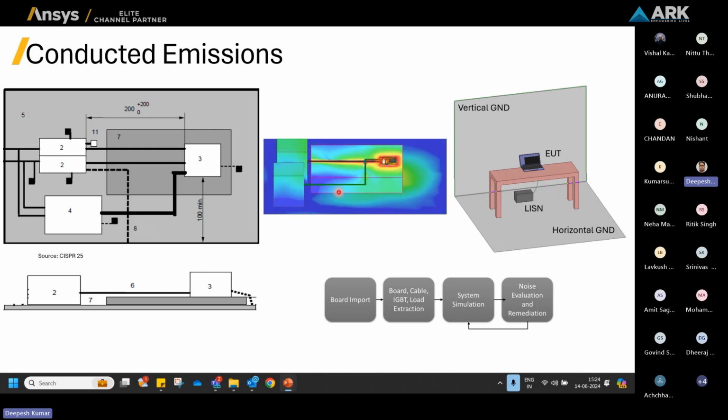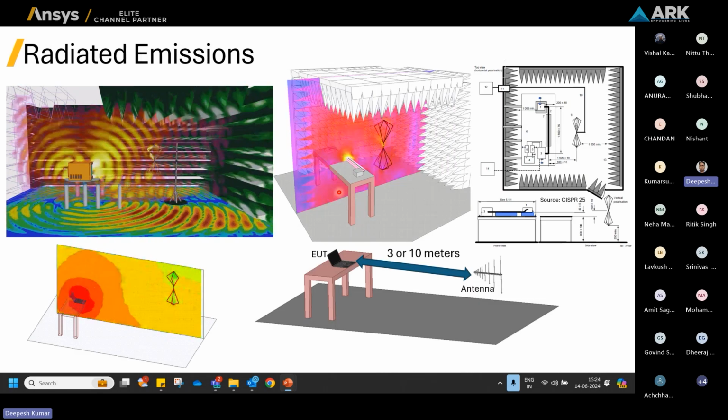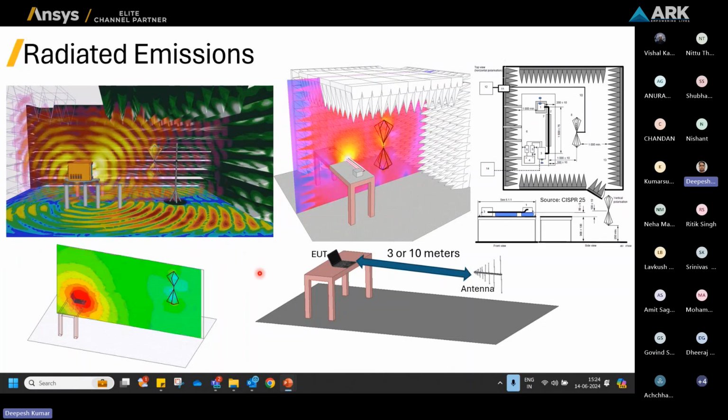This time domain behavior we can convert into the frequency domain with the help of the FFT algorithm, which is available in the Ansys Nexxim circuit tool itself. Then we can see the frequency behavior, whether it's conducted or radiated, both.